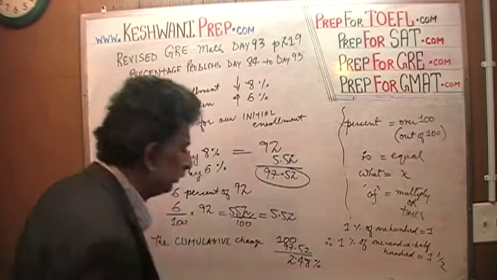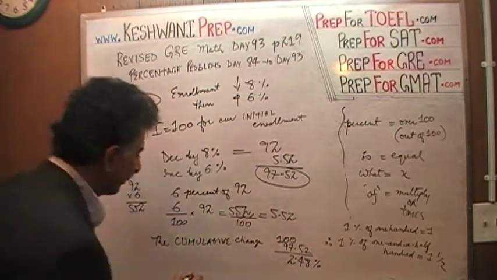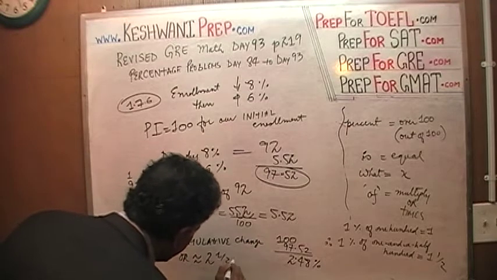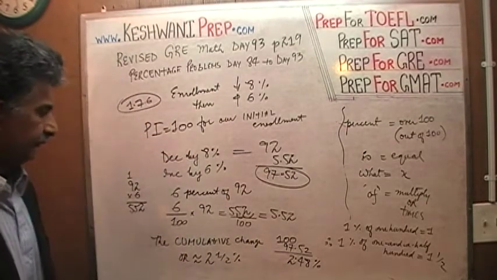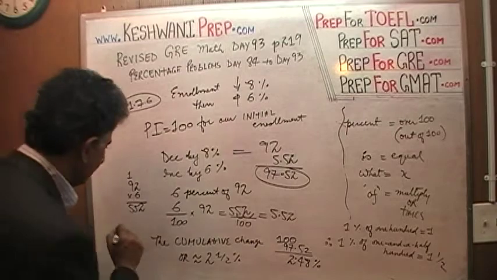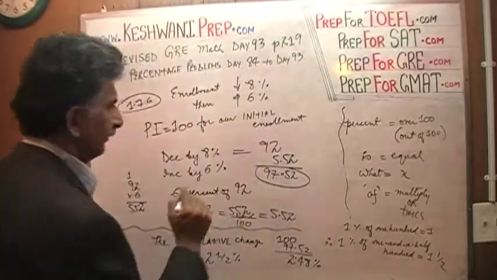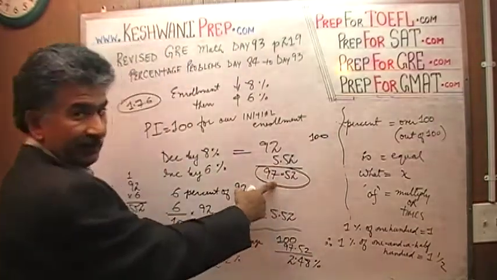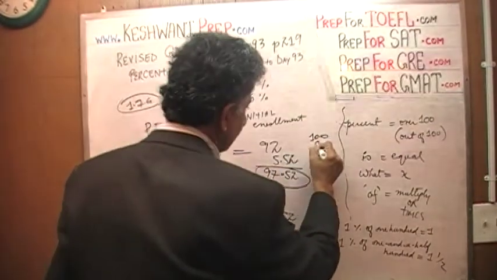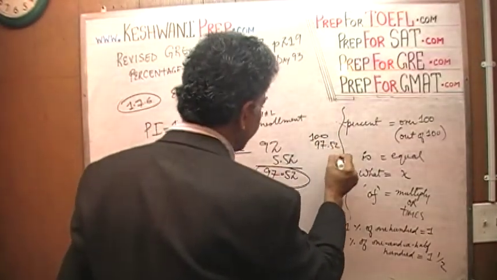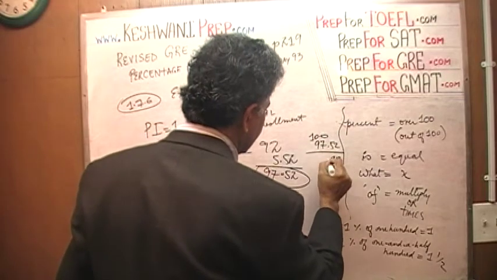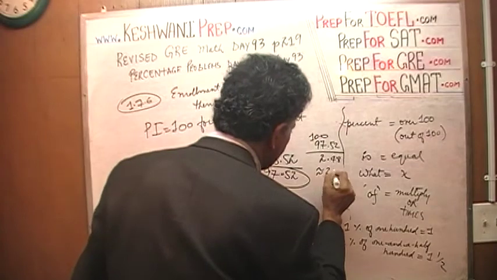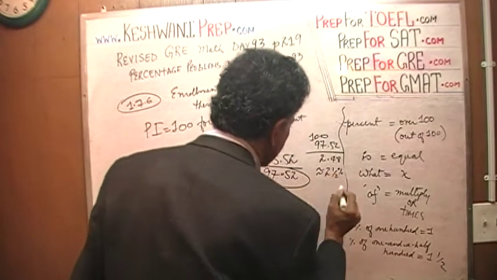There you go. 2.48%, or approximately 2.5%. That's our answer. The cumulative change was the 100 that we started out with minus the amount that we ended up with, 97.52. Approximately 2.5%. Voila.